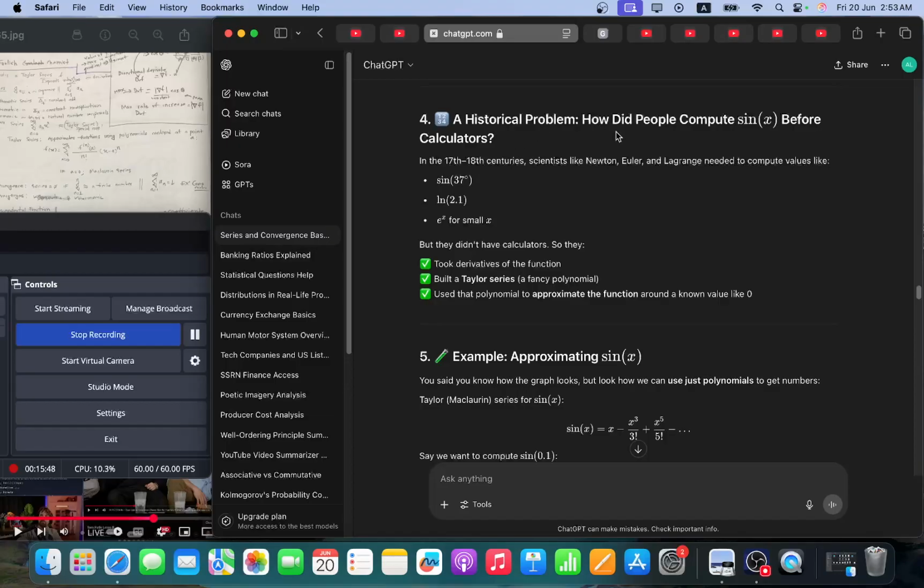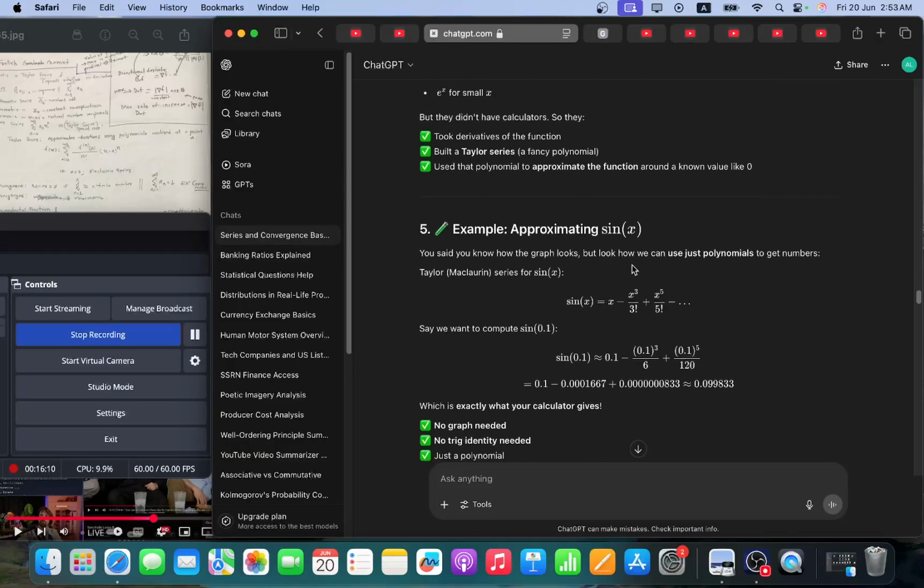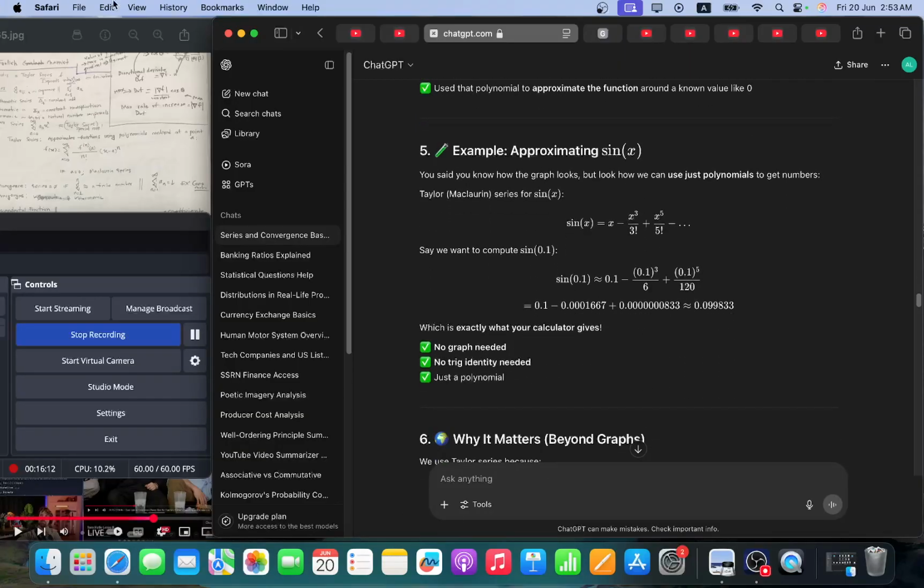And the historical problem: how did people compute sine x before calculators? In the 17th and 18th centuries, scientists like Newton, Euler, and Lagrange needed to compute values like this, and they didn't have calculators, so it was quite helpful when they figured out this way of doing things.